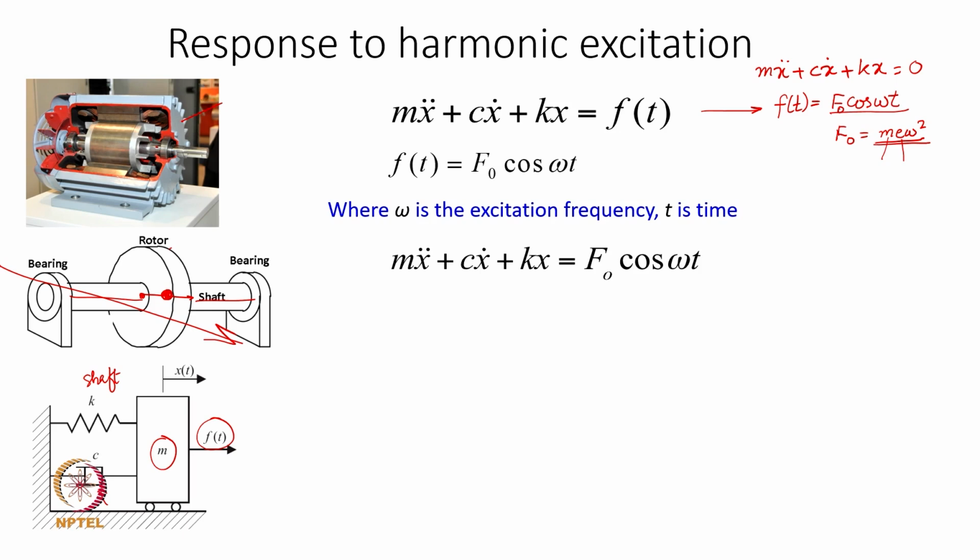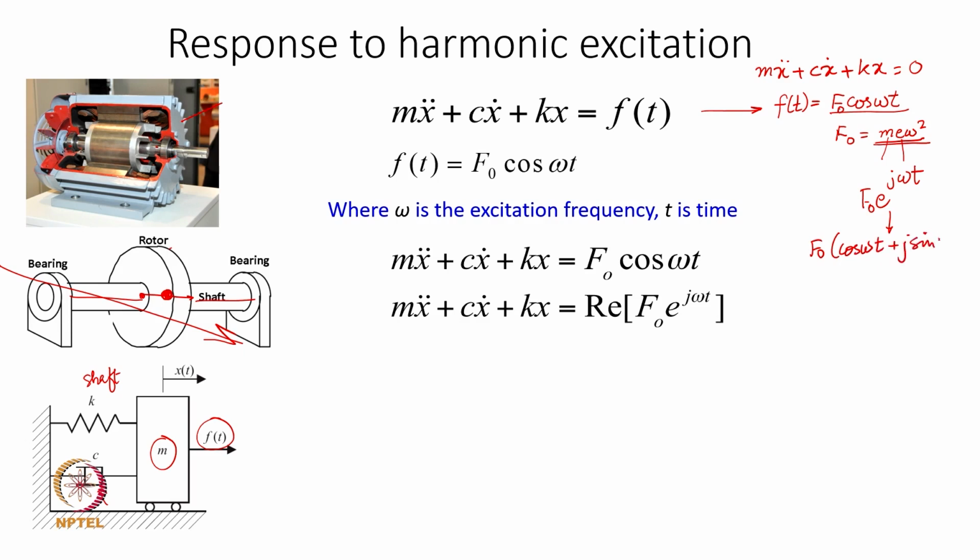So it will be fixed for a given operating speed. The alternate way is to represent F naught cos omega t as the real part of a complex forcing function given by F naught e to the power j omega t, because we know that this can be written as F naught times cos omega t plus j sin omega t. If I take the real part of this forcing function, I get back this particular expression.